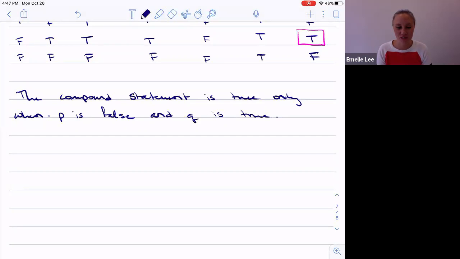Logic, truth tables. That's logic. All right. Well, I hope you don't change your minds about this all being fun when you're doing the homework, which I've posted.